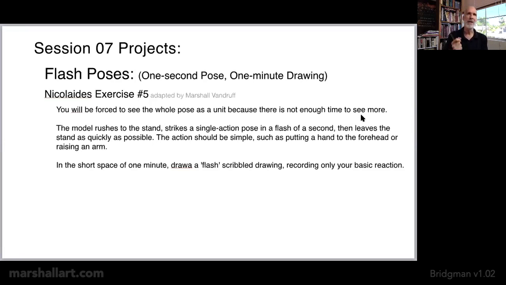Now, this is a gesture drawing. One of the things he is trying to do, that he will continue to do in this book, is to get you not thinking. Of course, when you're doing the right angle study, lots of thinking. This is one of the ones that says, don't think, just respond.